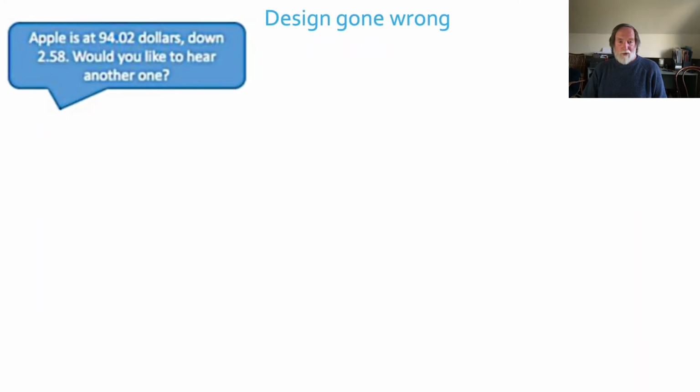Now, this doesn't always go to plan. So I have a couple of examples of where design has gone wrong. In this particular one, it's to do with getting quotes for stocks, and the system has elicited Apple as a company, and it gives an answer for the stock, and then asks the user if they want to hear another one, to which the user then quite reasonably says, Microsoft, please.